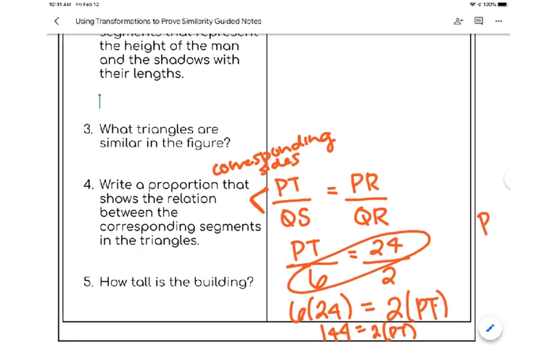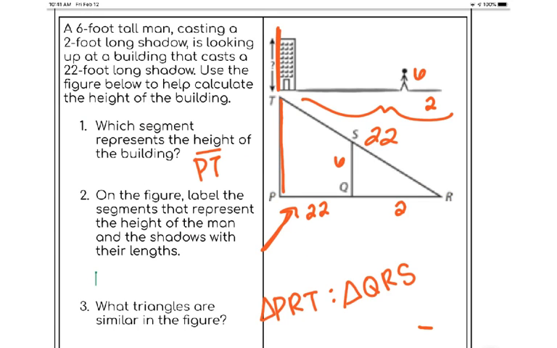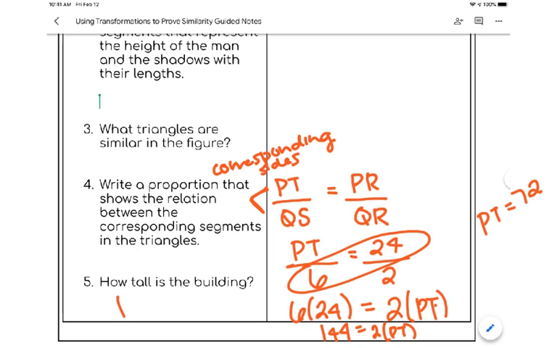So then PT is going to equal 144 divided by 2, which is 72. So 72 feet is the height of the building. It is PT, which we know is the height of the building. So PT equals 72.